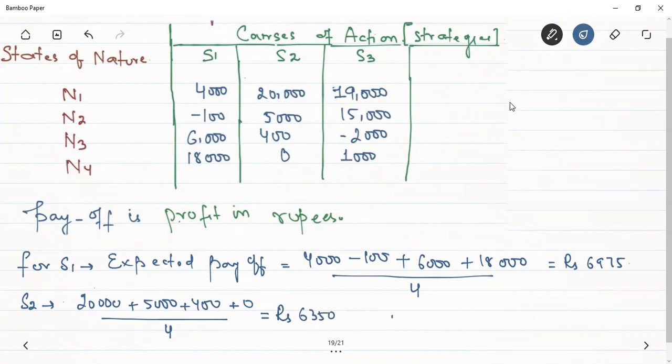And finally, for S3, we have to make the summation of all the payoffs in the S3 column, that is 19,000 plus 15,000 minus 2,000 plus 1,000 divided by 4, and that comes out to be 8,250.